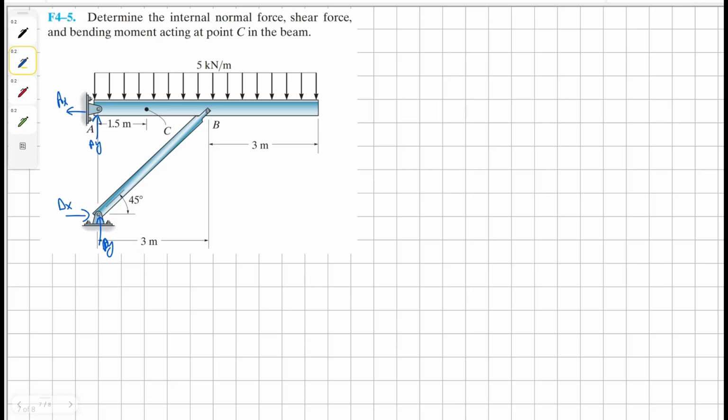Now to find a solution for our horizontal reaction force at A, we can take moment about the point D. And we're going to have AX negative. It is tan 45 degrees times 3.